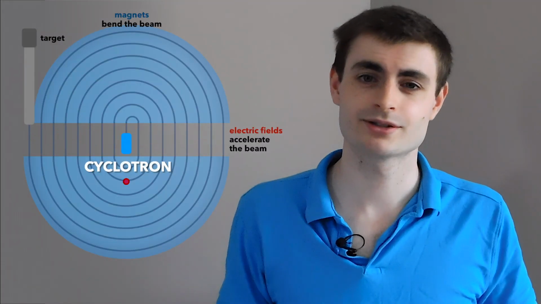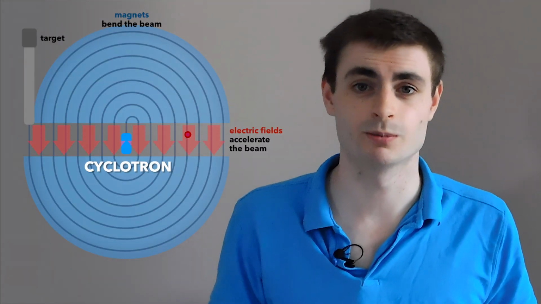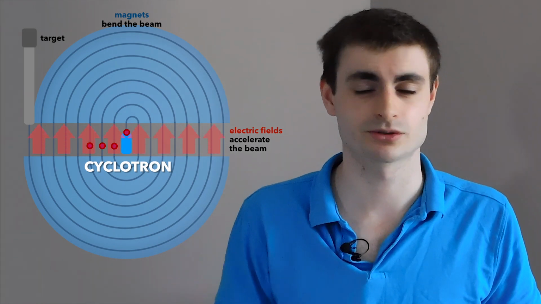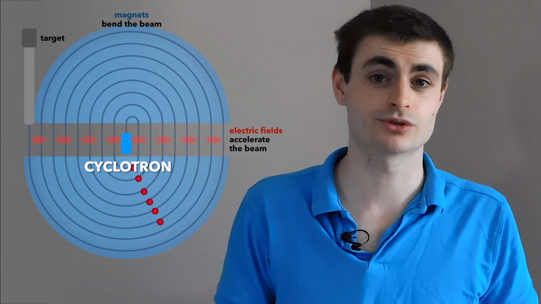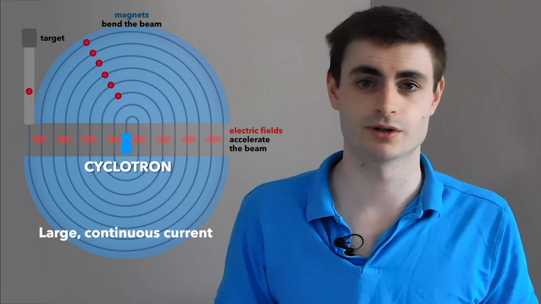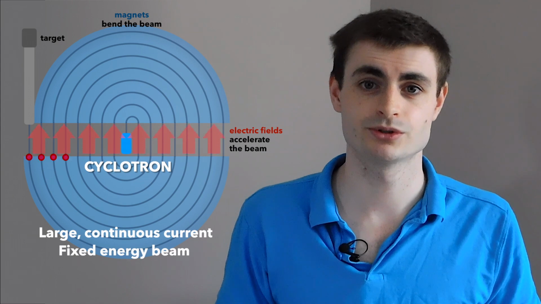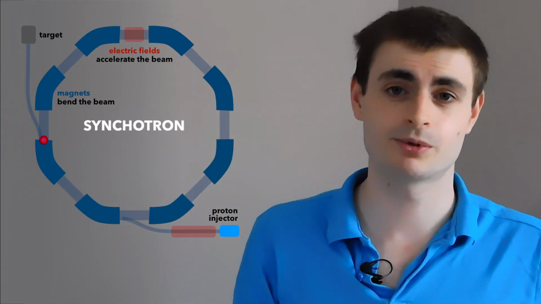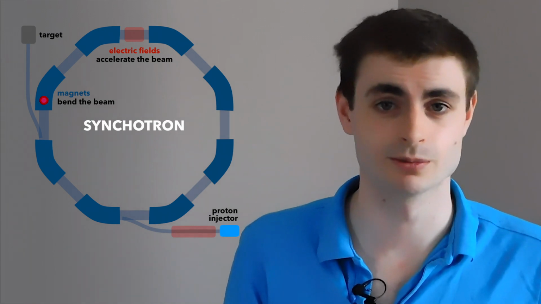Cyclotrons gradually accelerate protons in a spiral path, getting closer to the outside edge until they are ready to be extracted. Cyclotrons are great at producing a large, continuous current of protons, but they can only produce it at a fixed energy. Synchrotrons guide the protons round in a fixed diameter loop.